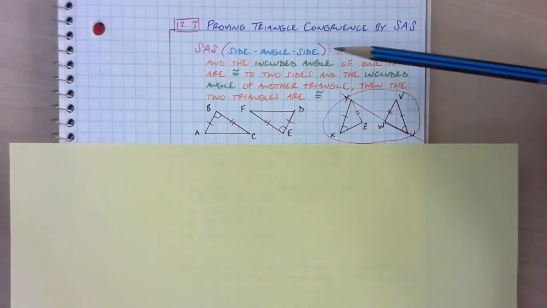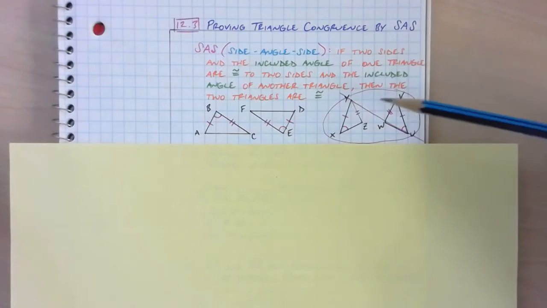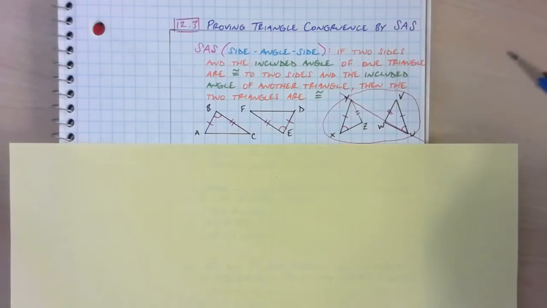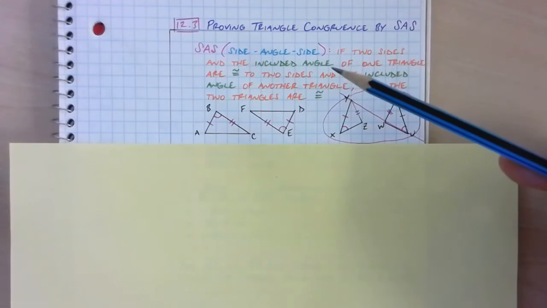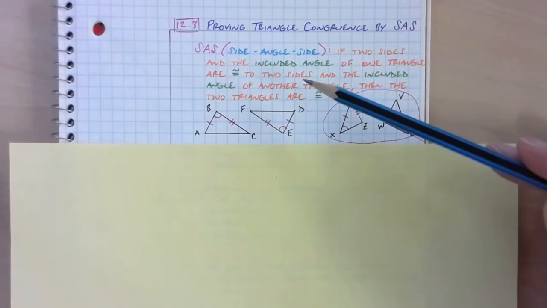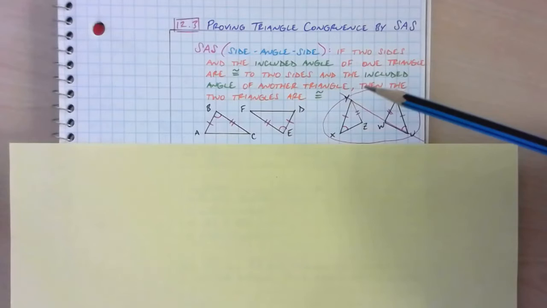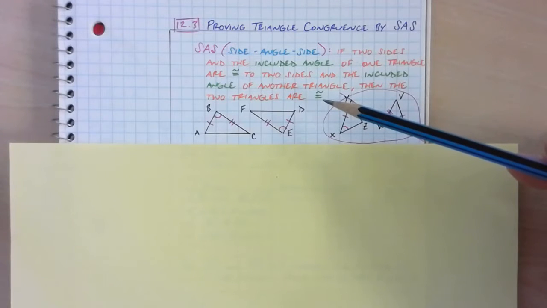So here we're shown side, angle, side, and this is the formalized definition of what the side, angle, side theorem says. If two sides and the included angle, I'll describe what that means in a second, of one triangle are congruent to two sides and the included angle of another triangle, then the two triangles have to be congruent.